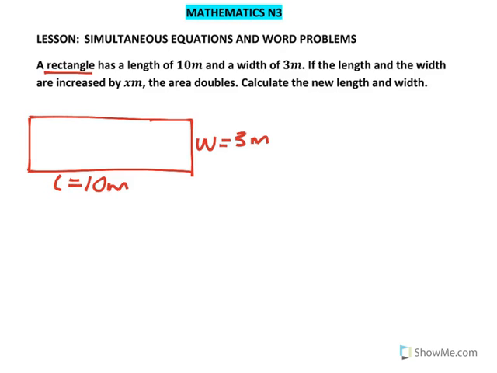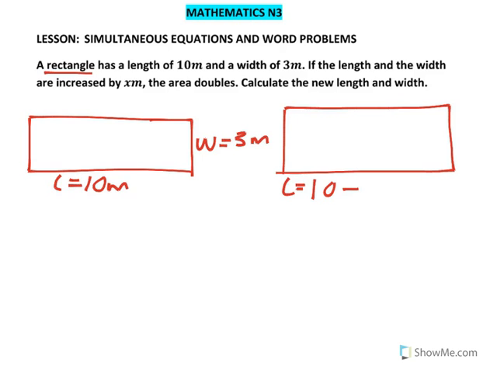If the length and the width are increased by x meters, let's come up with a new rectangle. The length is now increased by x meters, and the width is also increased, I'll write it here, 3 plus x. They are saying the area doubles. Calculate the new length and the new width.